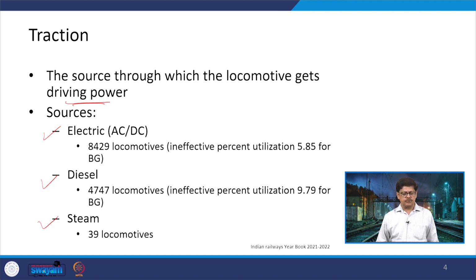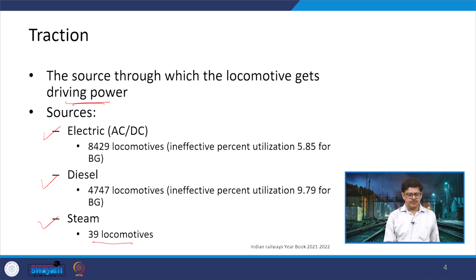If you look at today's scenario on Indian Railways, we still have 39 steam locomotives. That means they use the power generated by steam, and then they propel or haul the train or the wagons attached to that locomotive.